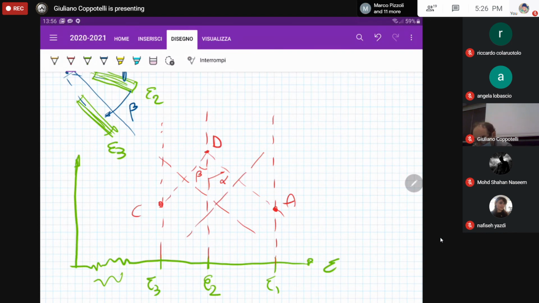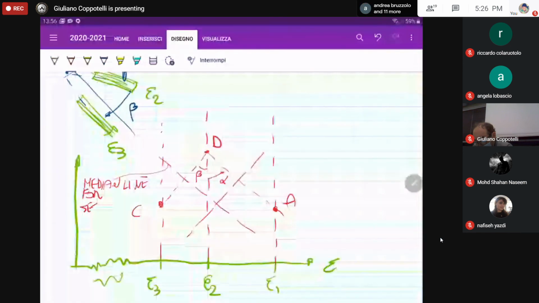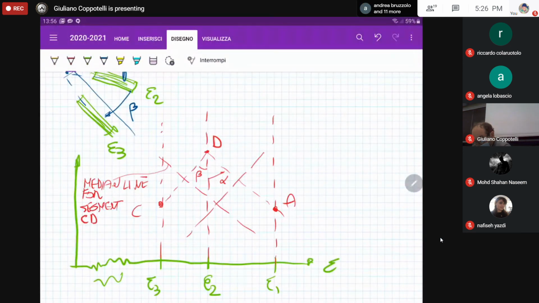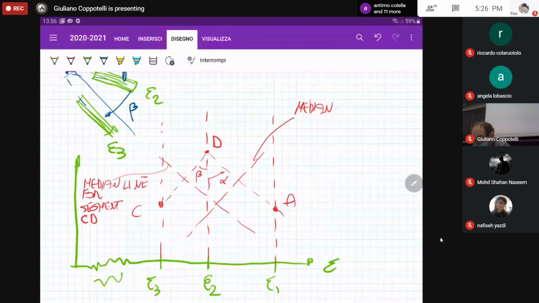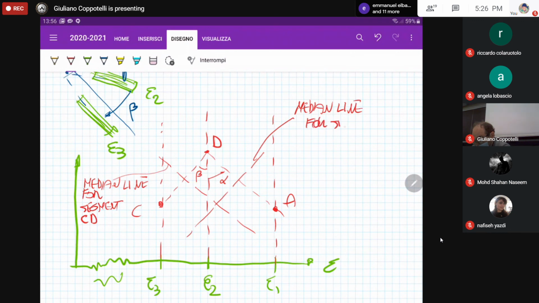This line is the median line for segment CD, and this is the median line for segment AD.